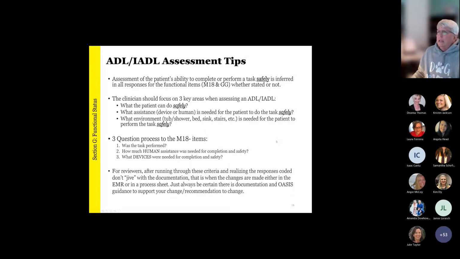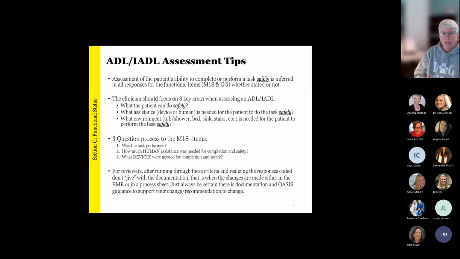If anyone is noticing with their agencies that the clinicians are struggling a little to assess ADLs and IADLs, you might want to print off this slide, what the clinician should focus on when assessing ADLs and IADLs. You see, it all comes down to safety. What can the patient do safely? What assistance, whether it's a device or a human, is needed so they can do something safely? What does the environment have to be like for that safety?